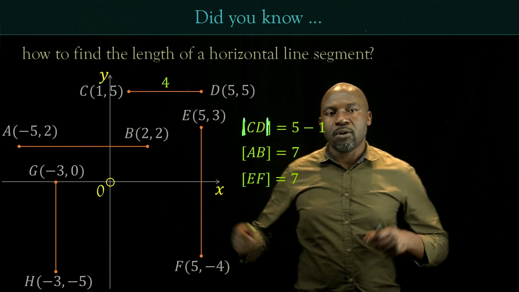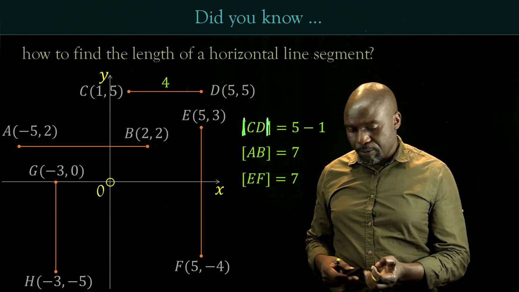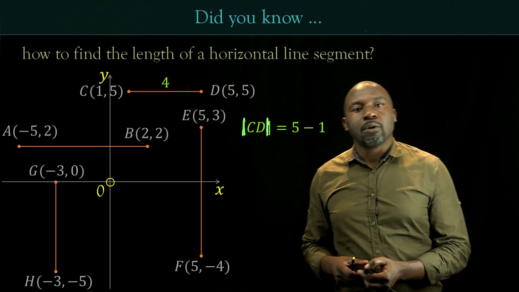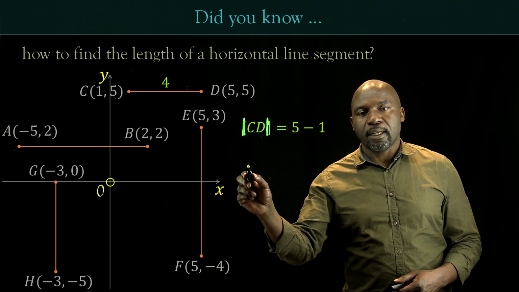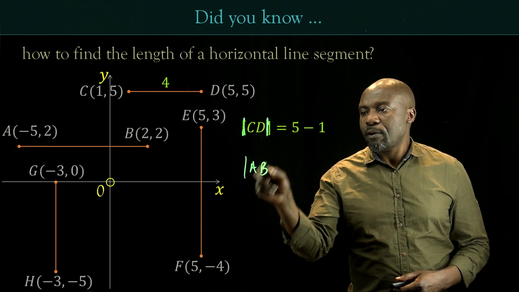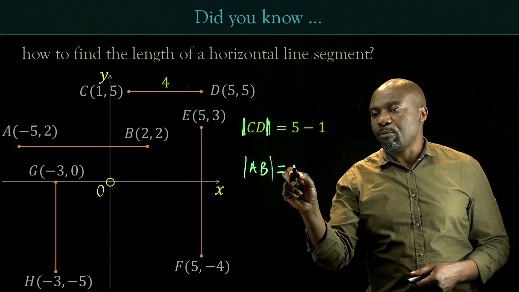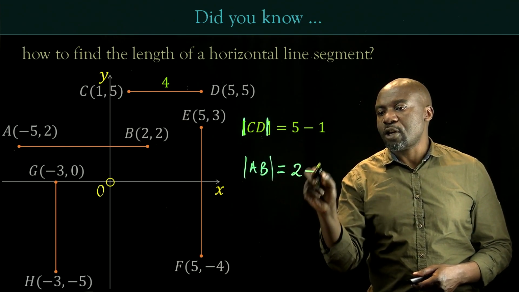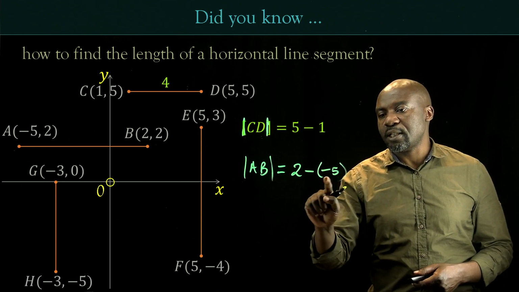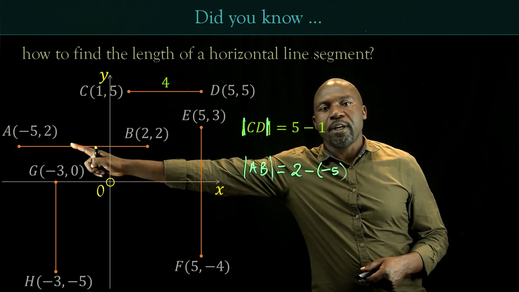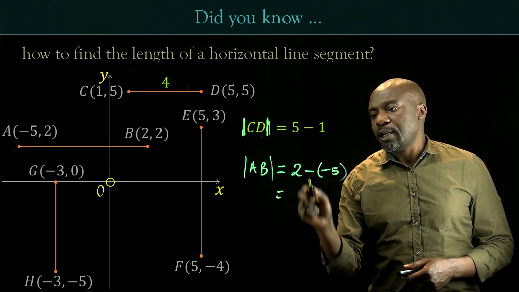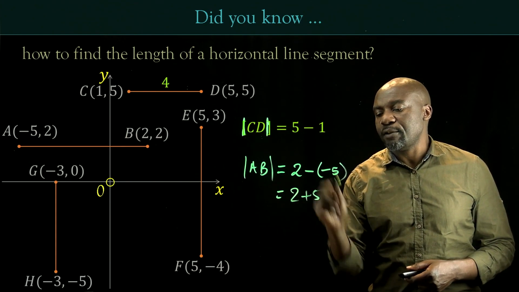Okay. So we can write here, one moment. So we can say here that AB must be equal to the x coordinate of point B, which is 2, subtract negative 5, because this is the x coordinate of point A, and this is 2 plus 5, which is 7.